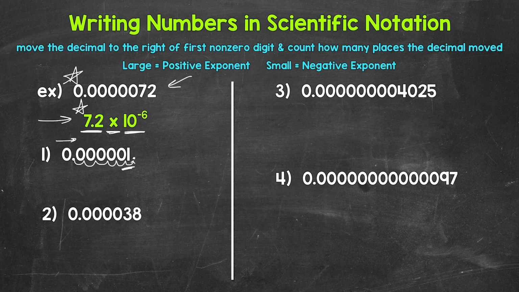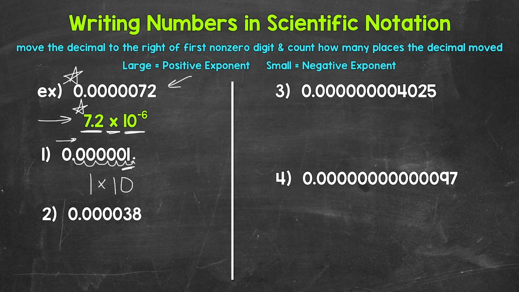So what we do now, we write 1 and we just have a whole number here. We don't have any decimal digits for this one, so we just have 1. And all of those zeros to the left of 1 we leave off. We don't need those. And then we multiply that by a power of 10. So 1 times 10, and now we need an exponent.